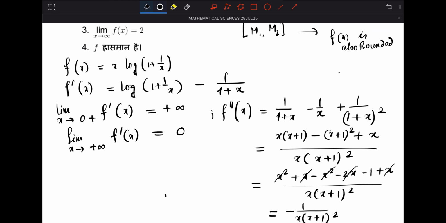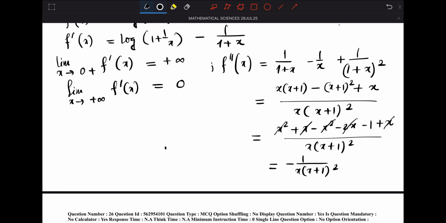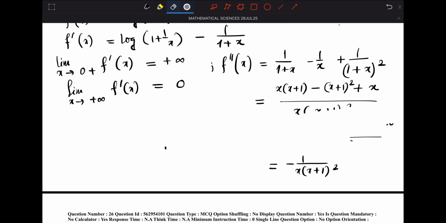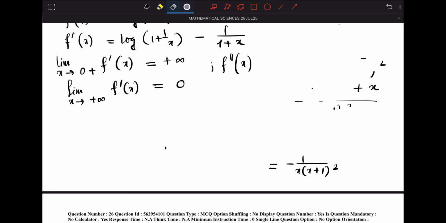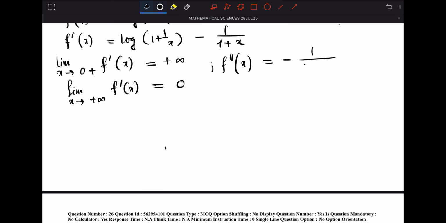As I don't have enough space, I want to remove the calculation. So f''(x) equals minus 1 by x times (x plus 1) squared, which is strictly negative.